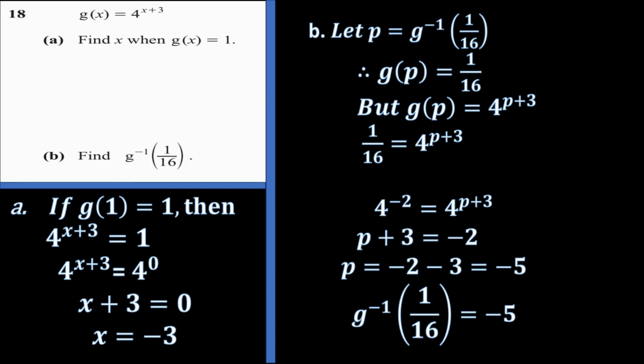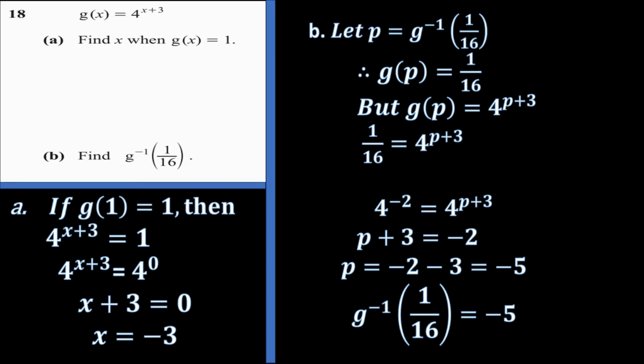So we have 4 raised to power minus 2 equals 4 raised to power p plus 3. And because they now have the same base, we equate the powers according to the law of indices. We equate the powers, so we have p plus 3 equals minus 2.